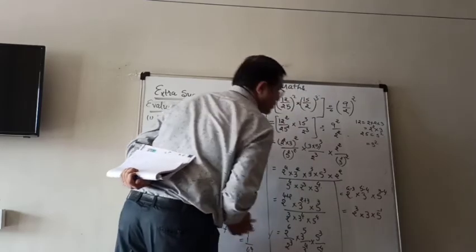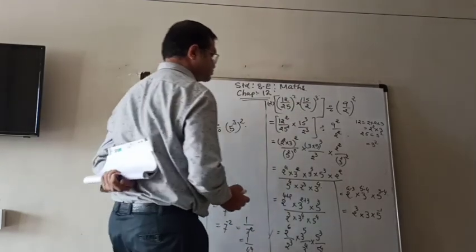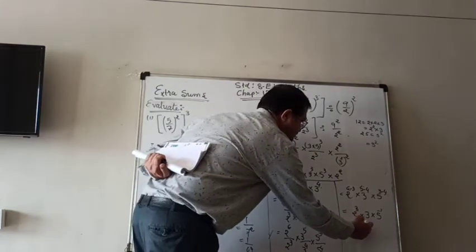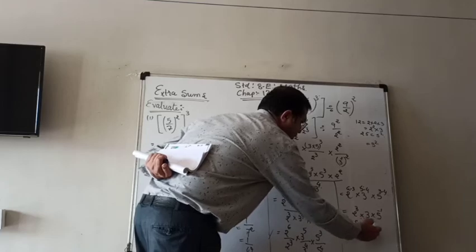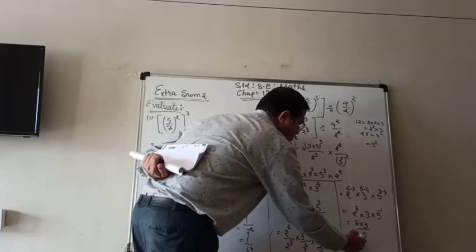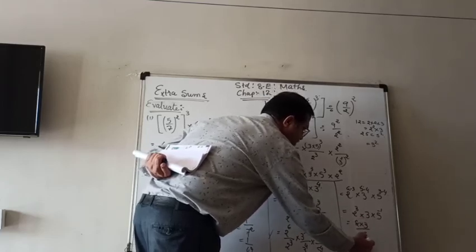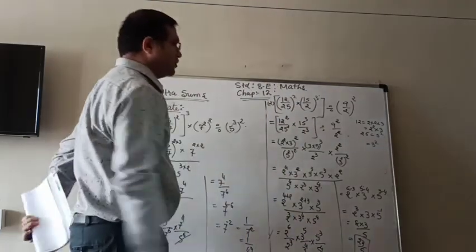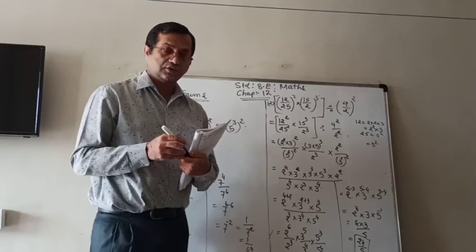And 5 raised to minus 1. So 2 cubed is 8 multiplied by 3 upon 5. So 8 threes are 24 upon 5. Or you can write it in mixed fraction also.